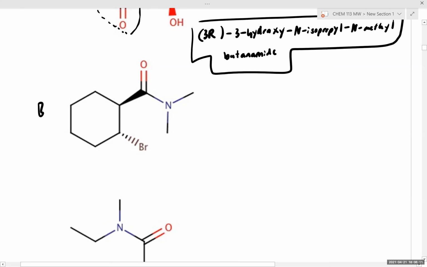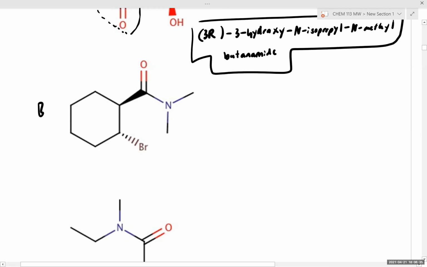So would anyone like to propose a name for compound B? Can you repeat what you said about the oxo again on the earlier example, that it's not necessary? The oxo prefix only occurs if you have another substituent besides our amide.